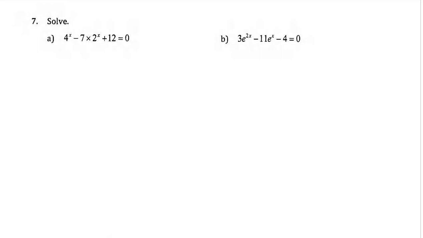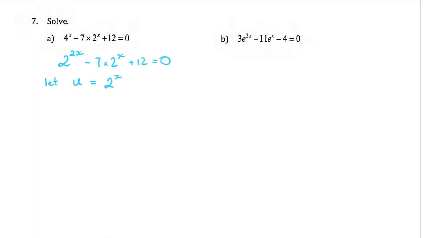Let me rewrite the 4 to the x. 4 is the same as 2 squared, so 2 to the 2x, minus 7 times 2 to the x plus 12 equals 0. Now, we call these a reducible quadratic. What I can do is a little substitution. I'm going to use the letter u, but it doesn't really matter what you use. Let u equal 2 to the power of x.